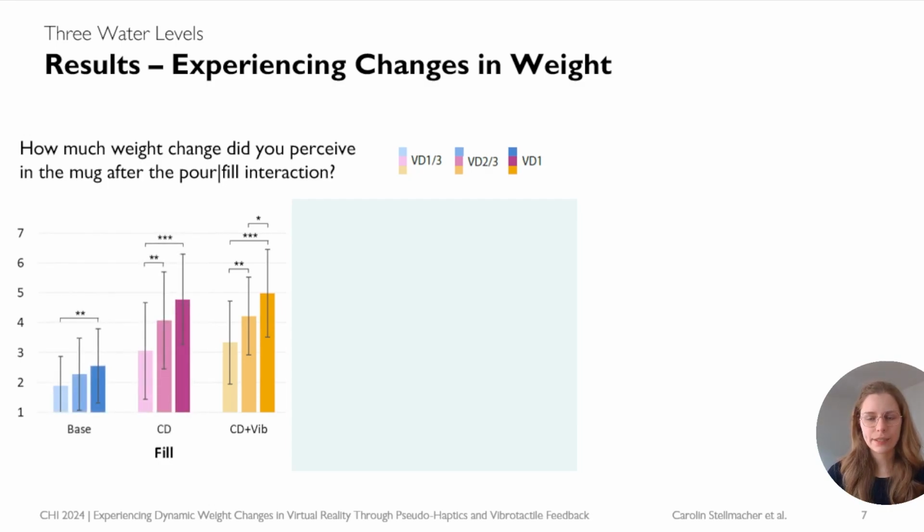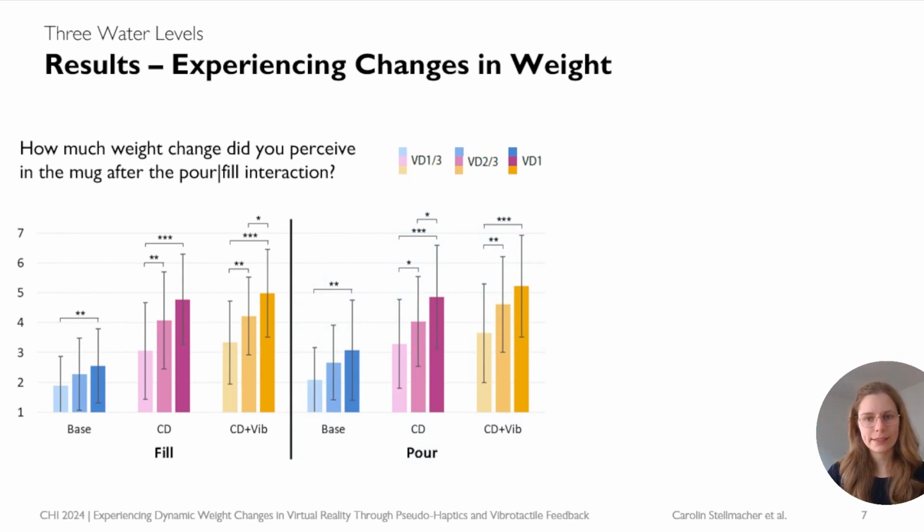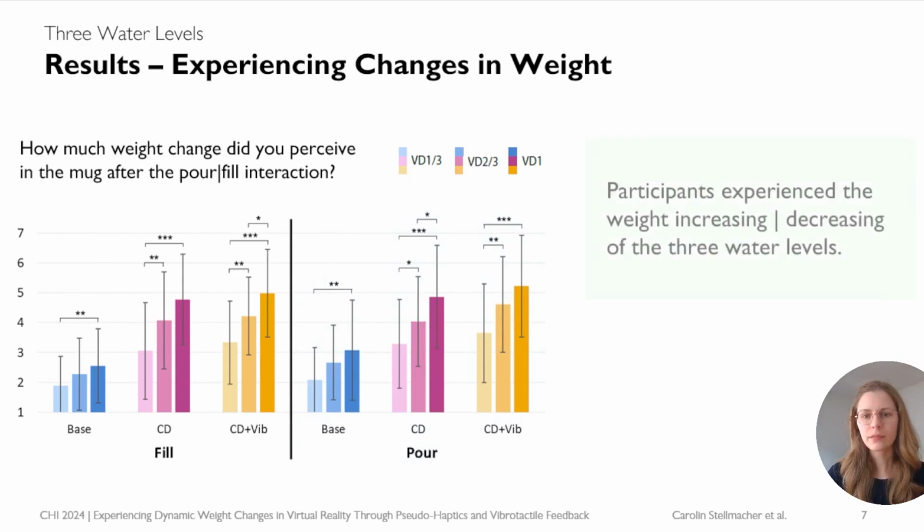This similar but slightly weaker staircase effect is also visible in the ratings of the other 2 conditions. And we can make similar observations in the pour interaction. So from this we can learn that participants did perceive an increase or decrease in the mug's weight during both interactions, and they were also able to differentiate weight changes to different extents.